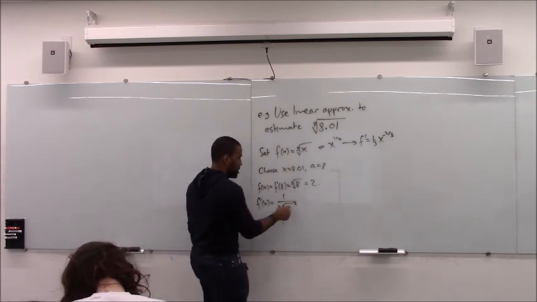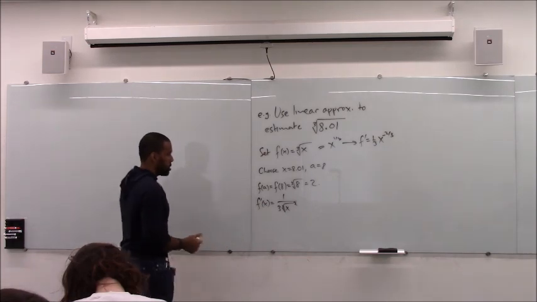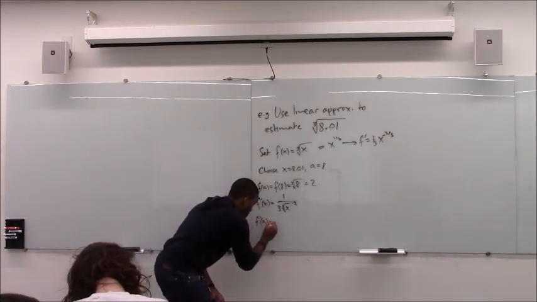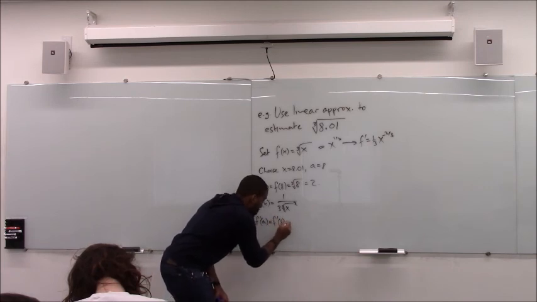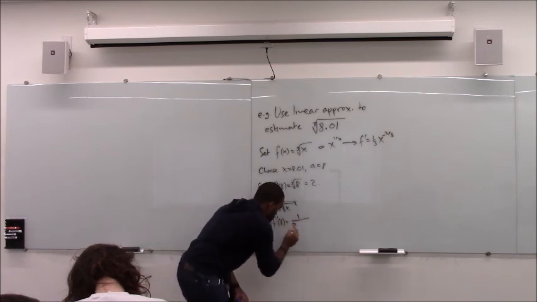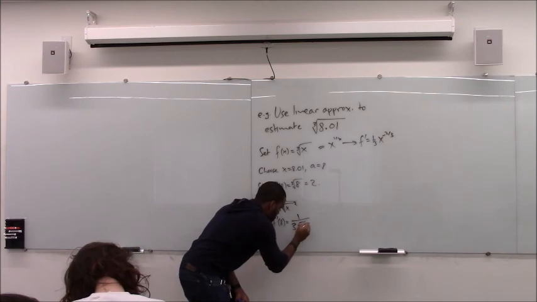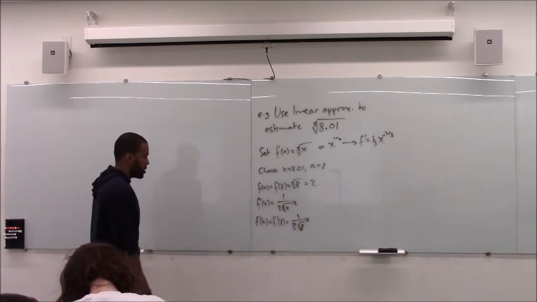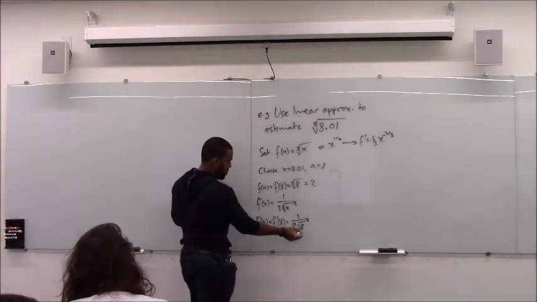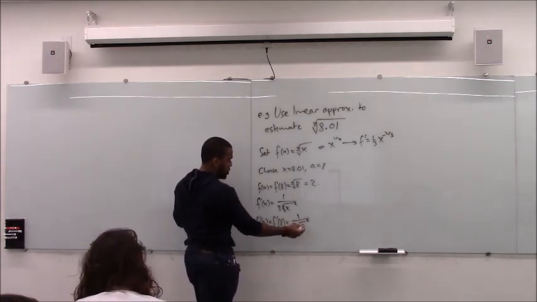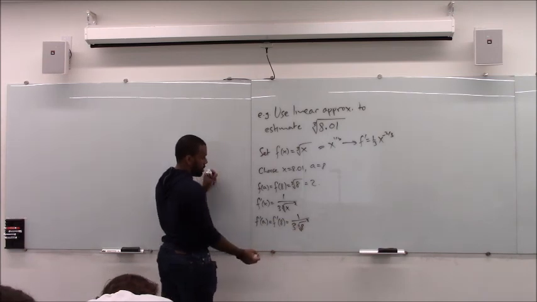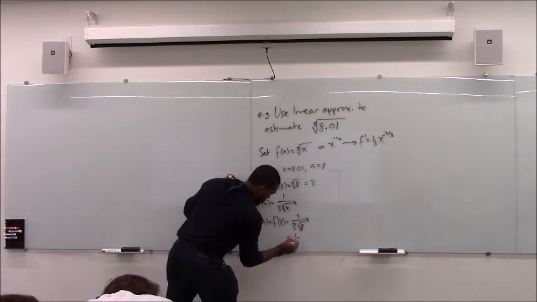You can put the square on the inside or the outside, but it's going to be easier to do it on the outside. So here if I did f prime of a, that's just f prime of 8. It's just 1 over 3 times the cube root of 8 squared. So it's easier for me to take the cube root before the square, and so that's what I'm going to do. Cube root of 8 is 2, you square that, you get 4, multiply by 3, you get 12. So it's 1 over 12.